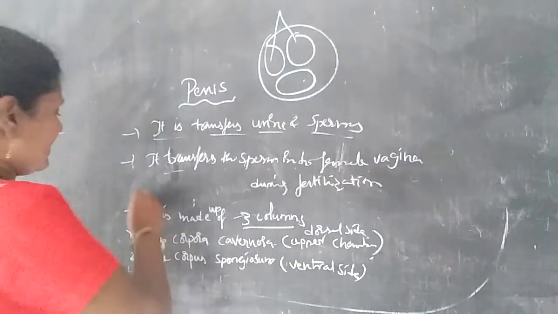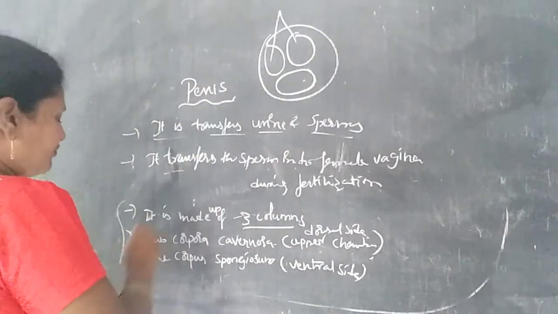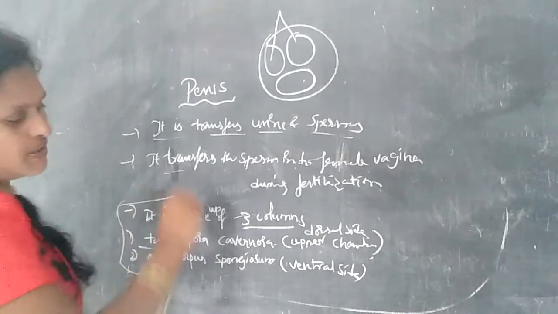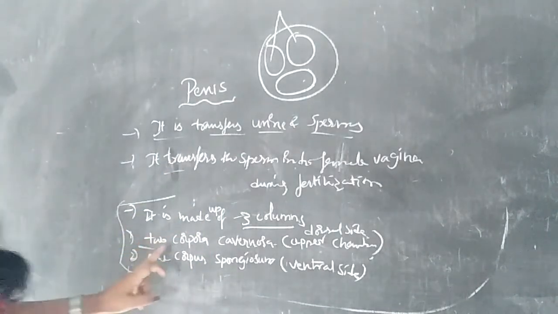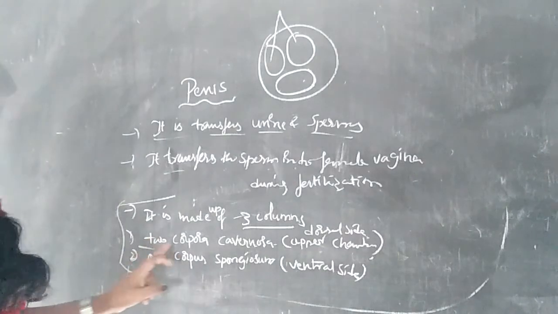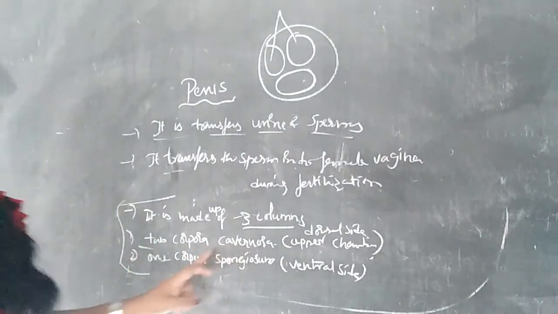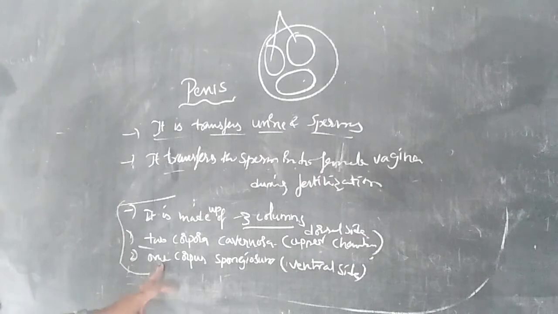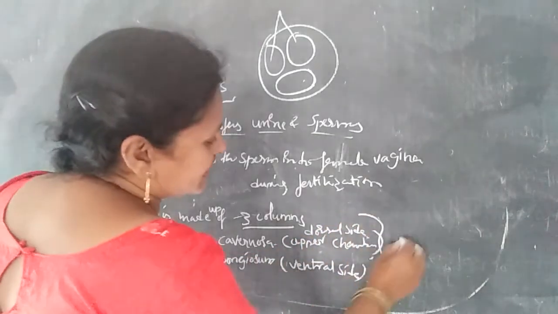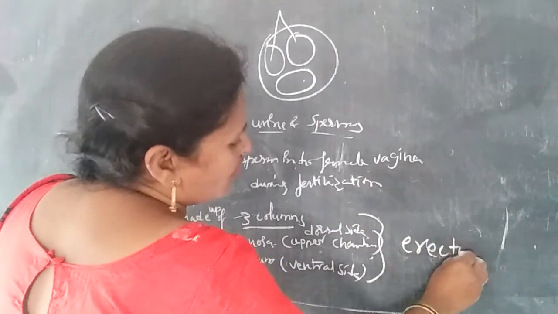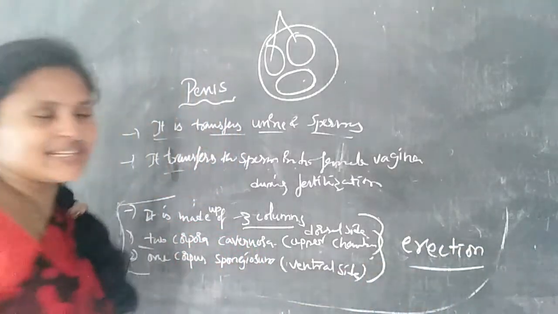So the penis is made up of 3 layers or 3 columns. The corpus spongiosum consists of a special tissue, and that special tissue helps in erection.